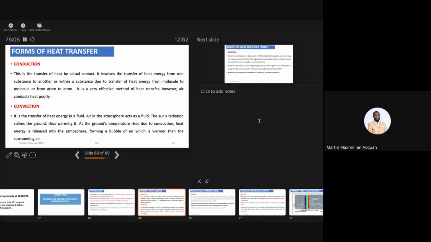Okay, convection. Any transfer of heat in fluid is what we call convection.